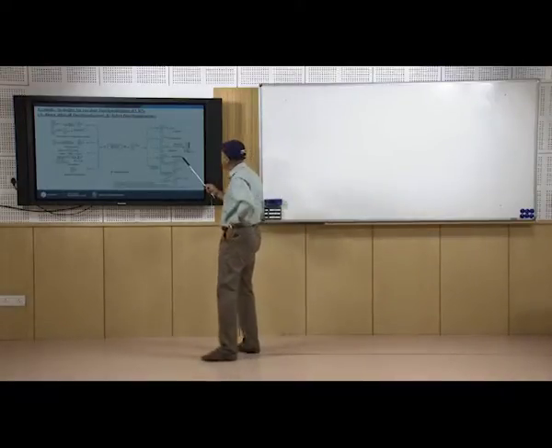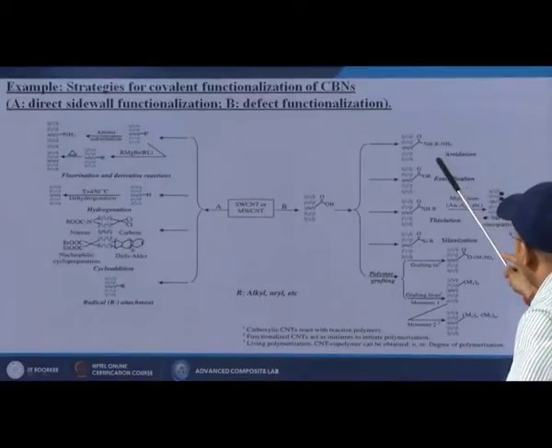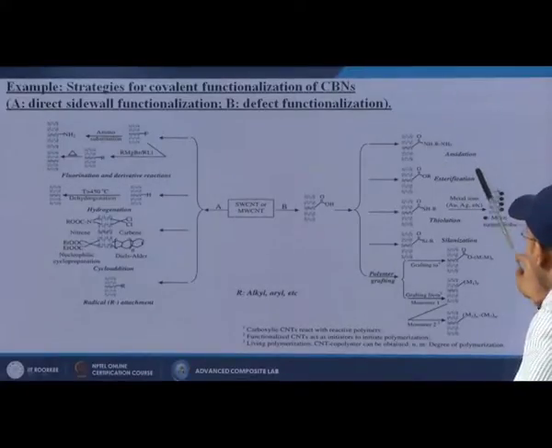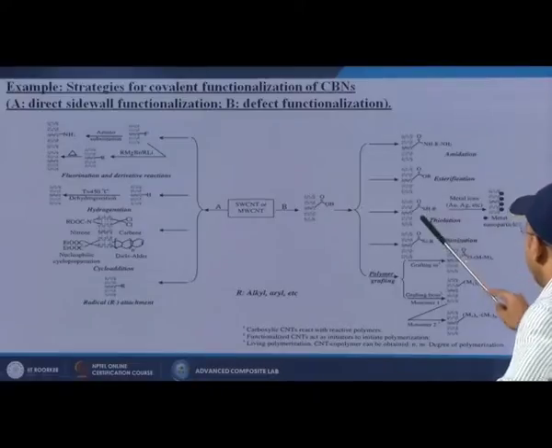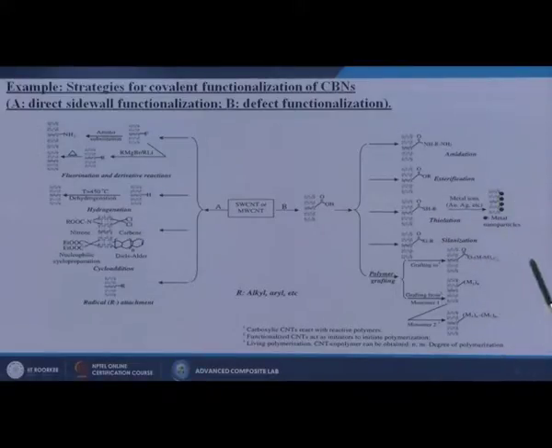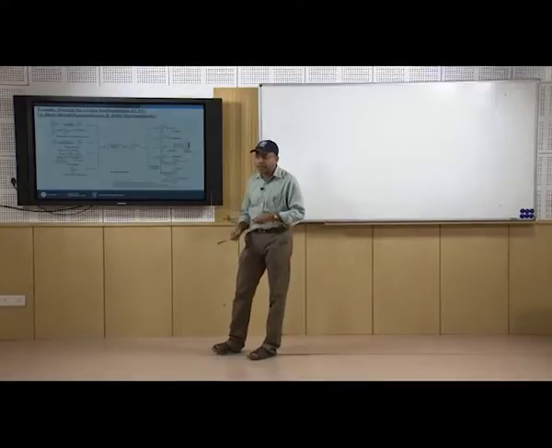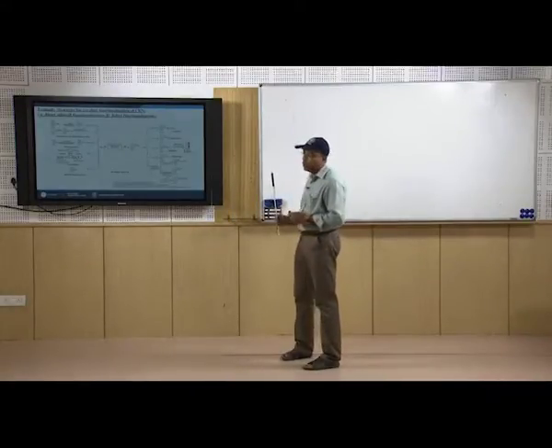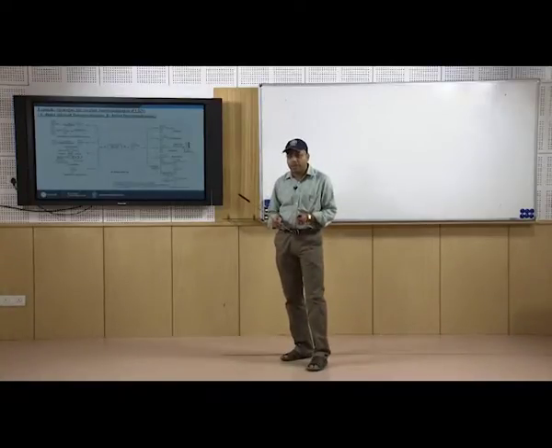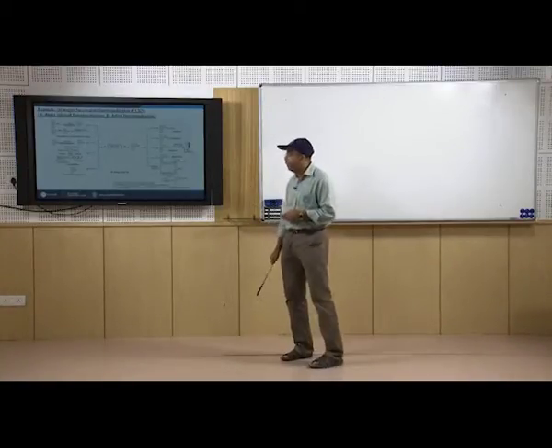In this case we are doing amidations onto the defect sites, attaching ester groups onto the defect sites, maybe thiolations or silanations onto the defect site itself. Not only that, sometimes we also do polymer grafting, but this particular topic we will discuss in our next lecture. So in this way, one is the sidewall, another is the defect, and we can do the functionalizations of these nanofillers.